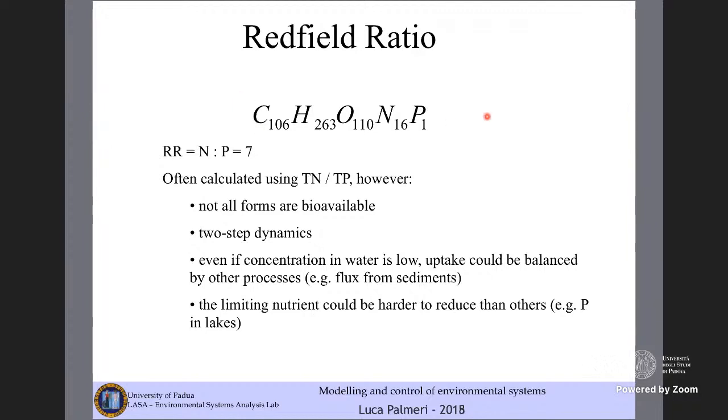Often, the Redfield ratio may be calculated as the ratio between total nitrogen, total phosphorus, etc. But we now start understanding that not all forms are equally bioavailable.